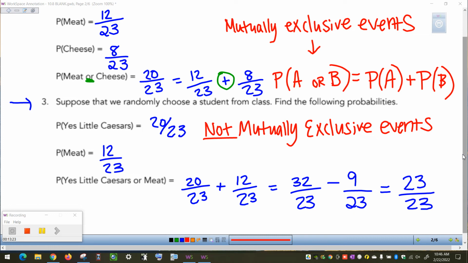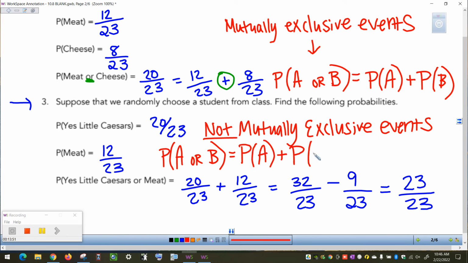And so if they are not mutually exclusive, and we're wanting to find the probability of one or the other, our formula now is slightly changing. So here we saw that if we wanted to find the probability of 2 events, A or B, well, we started off by doing the probability of A plus the probability of B. But then we noticed that we had to do this part here.